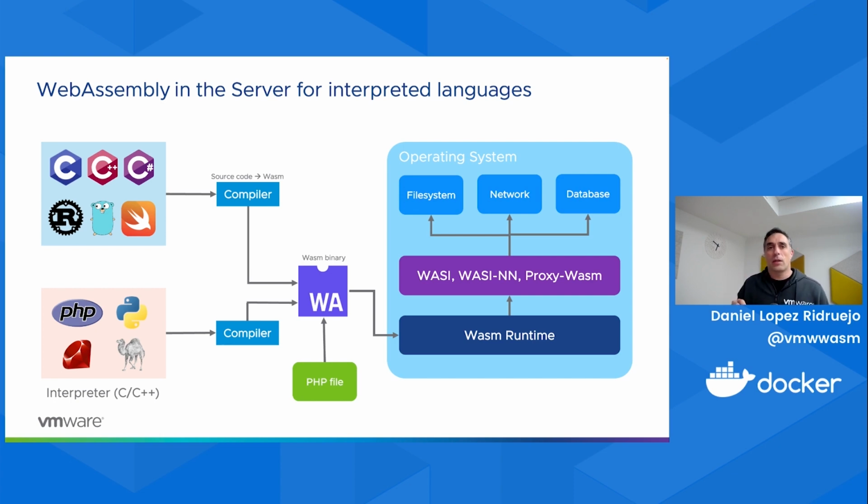What we have done, to be more exact, is compile the PHP interpreter, which is written in C, into a WebAssembly binary, and that WebAssembly binary can read or bundle that PHP file, which is then executed on a WebAssembly runtime. Asen will go over this in the demo.